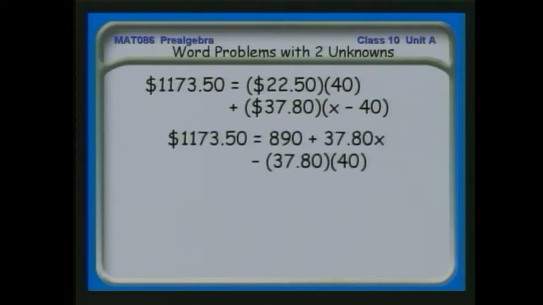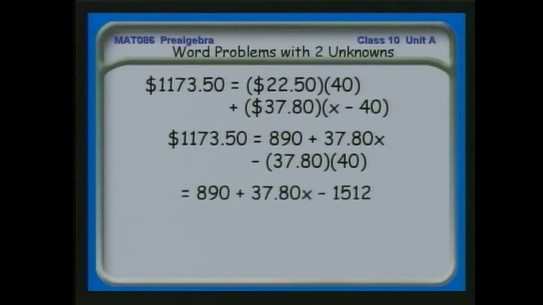We've done this now. The 22.25 times 40 is 890. Then we have multiplying the 37.80 by x, that's the next term. Then 37.80 by minus 40 is the third term on the right.